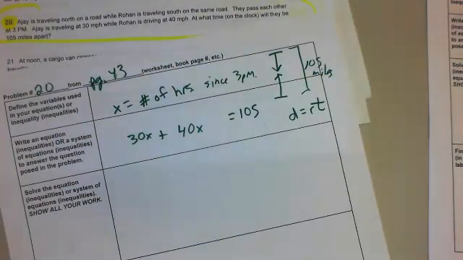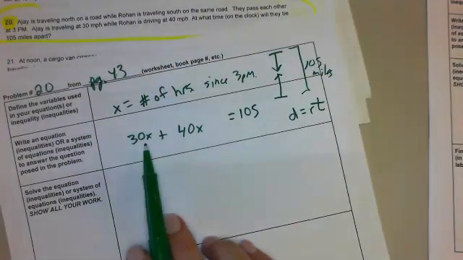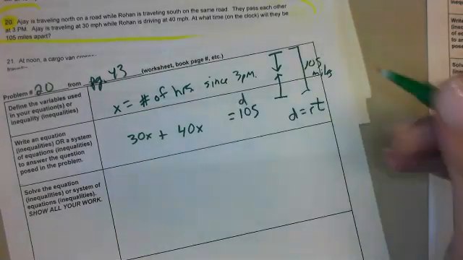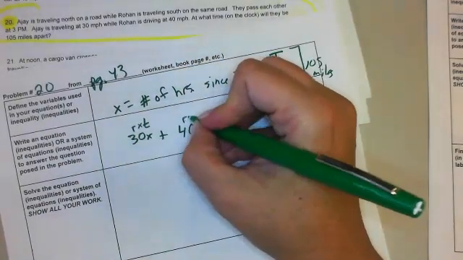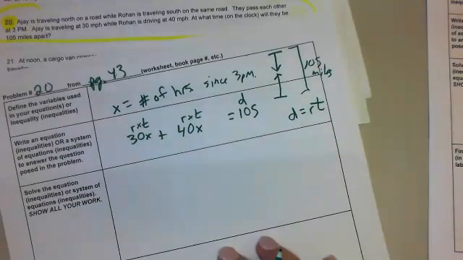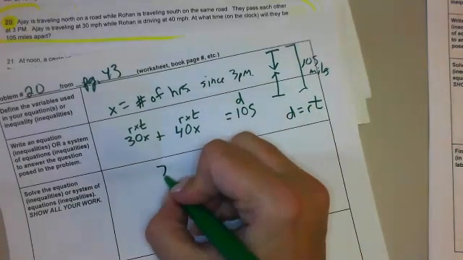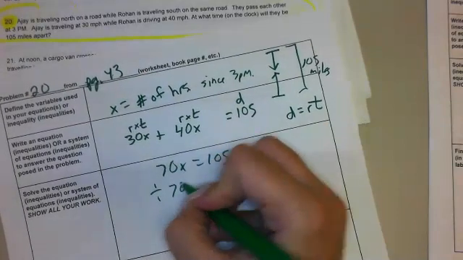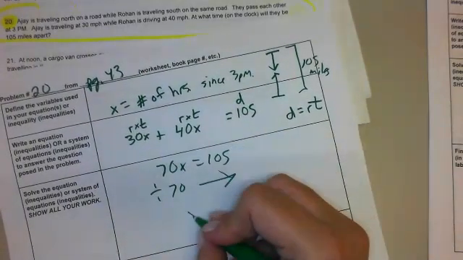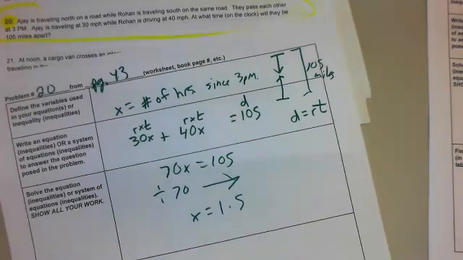And that's going to equal 105 miles, because distance equals rate times time for each. I have to add those together, so I get 70x equals 105. Divide by 70, and I get x equals 1.5.